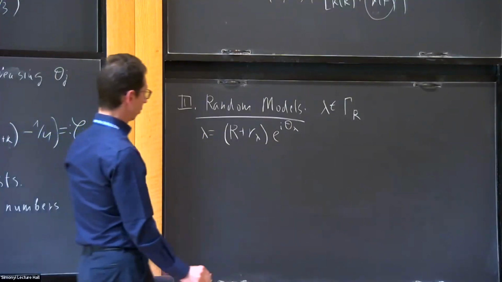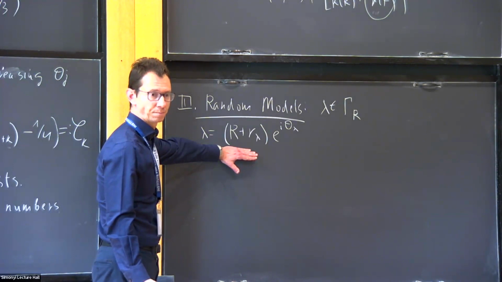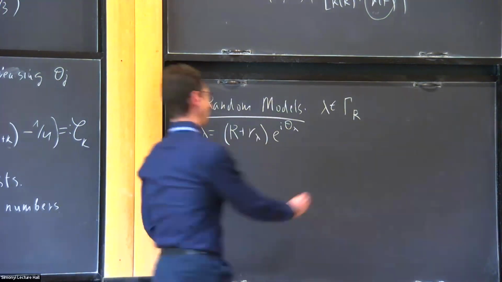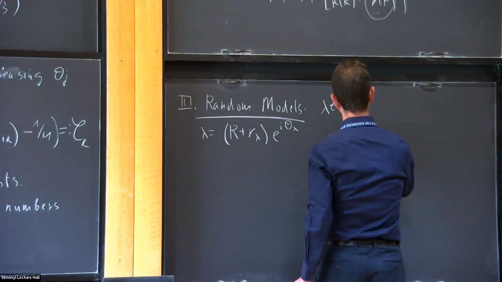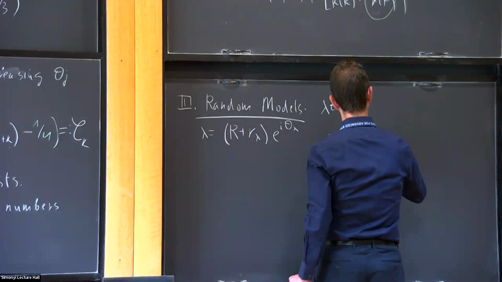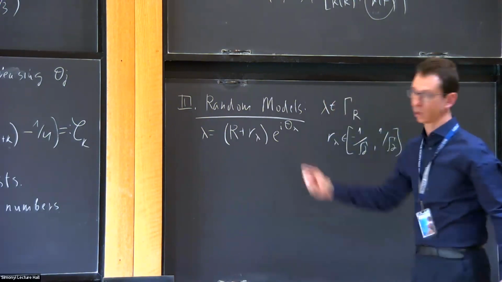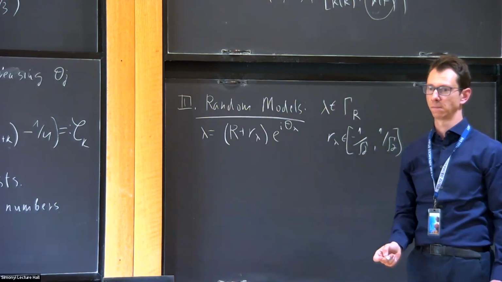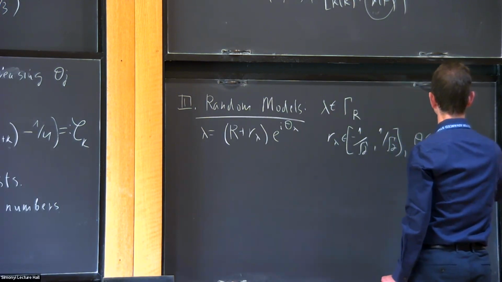What is the advantage of shifting this coordinate? It is that r_lambda is between -1 over square root of 2 and 1 over square root of 2, no matter what capital R is. And theta is always asymptotically 0 to pi.